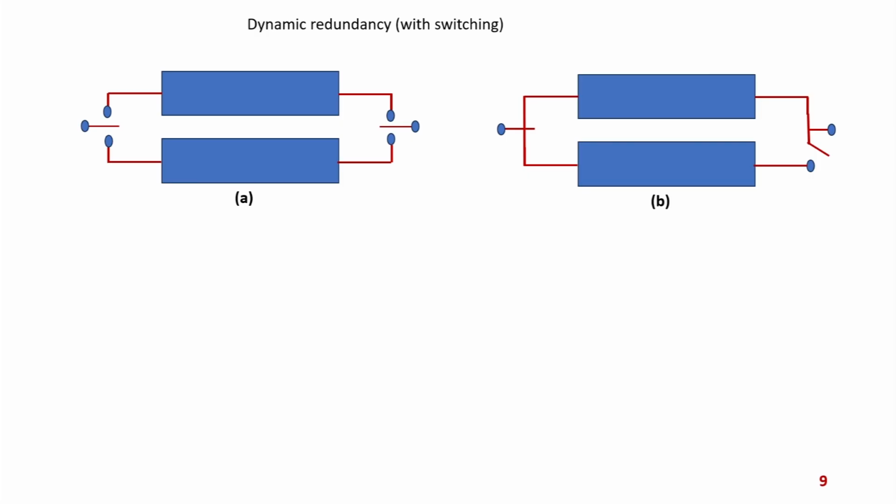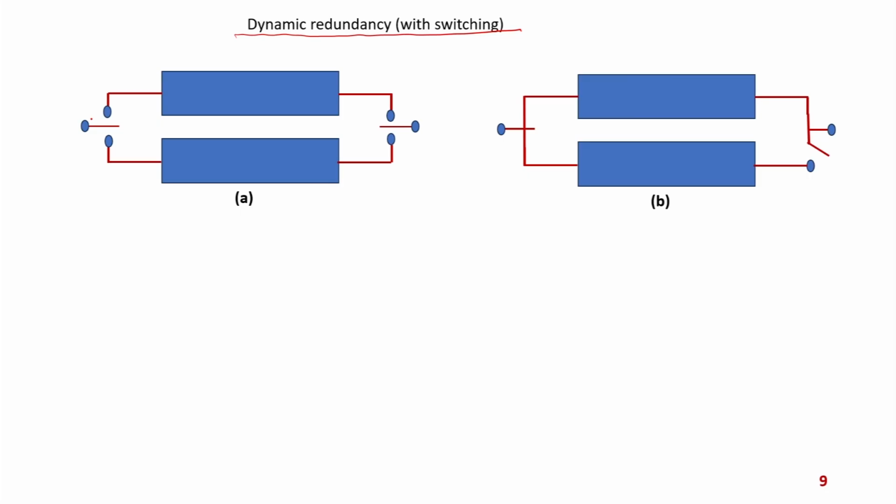So, now we will consider a case that is dynamic redundancy with switching. We are considering two cases, and today we will discuss this. If you see here, there are two systems in parallel and there is a switch.